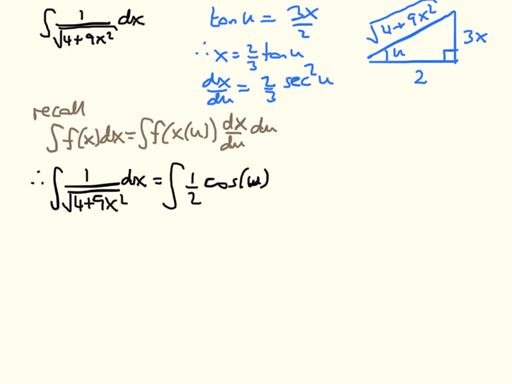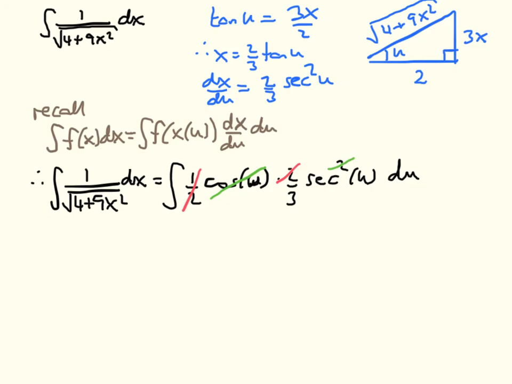And I now have to insert by hand dx/du, and that we've already worked out to be 2/3 sec squared u. So this is times 2/3 sec squared u, and now we integrate with respect to our nice new variable. So we have here some factors that cancel immediately. The half and the 2 will cancel, and the cosine and one of the 2 powers of secant will cancel as well.